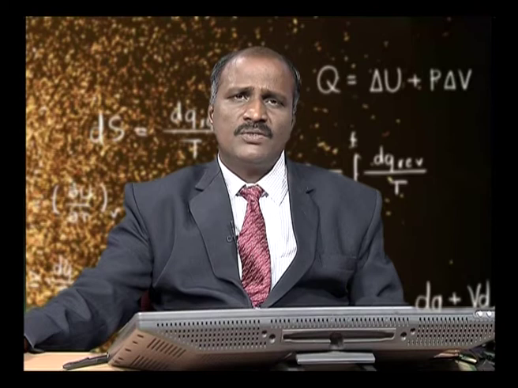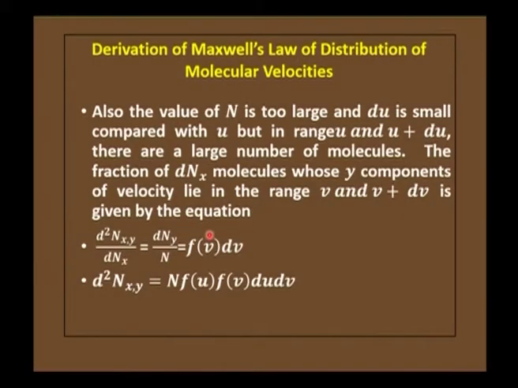Also, we should remember that the value of N is very large and the value of du is very small compared with u, and also there are a large number of molecules. Hence, the fraction of dNx molecules whose y components of velocity lie in the range v and v plus dv is given by d squared N of xy divided by dNx is equal to dNy by N is equal to f(v) dv.